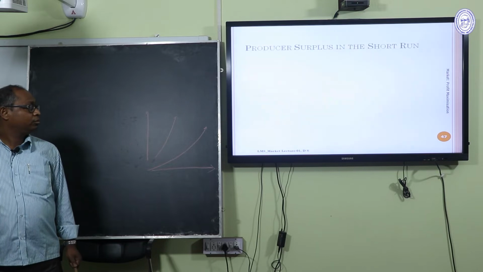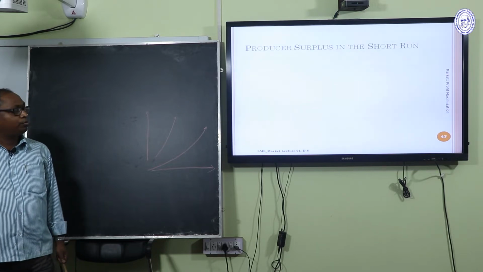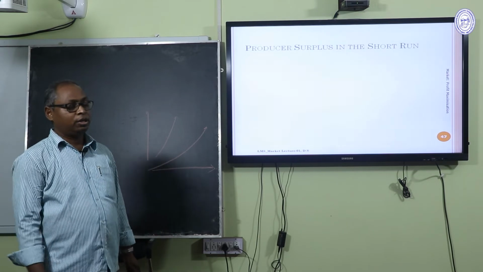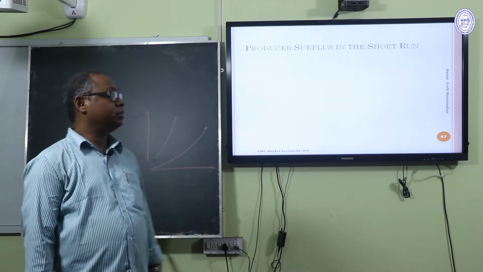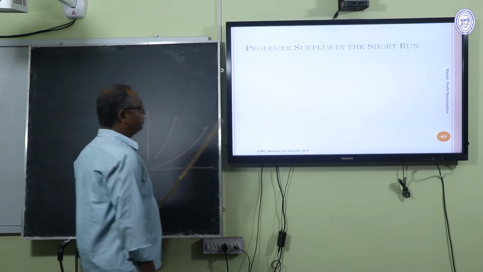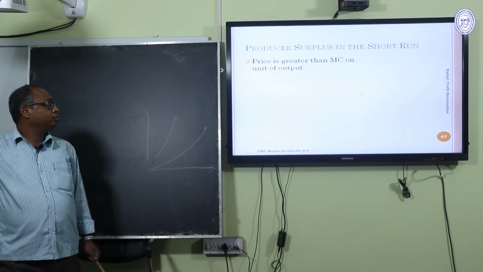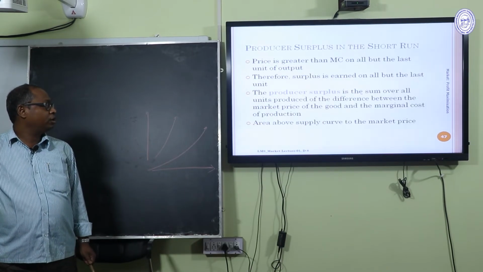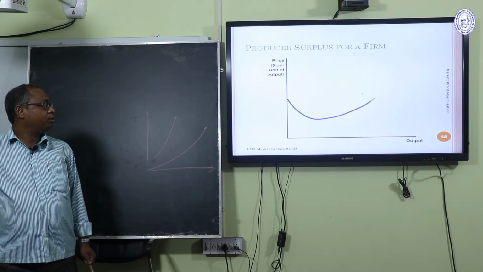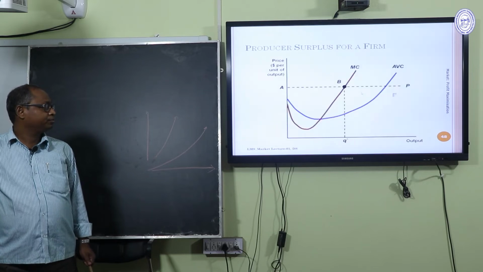Now the second topic within this is the market surplus, producer surplus in the short run. So if we produce something in the short run, what should be the amount of producer surplus?